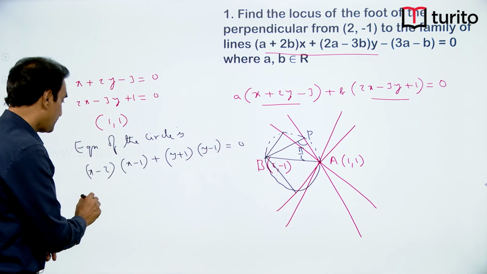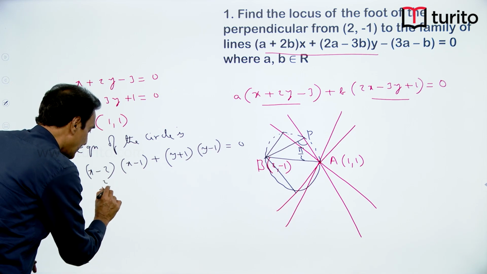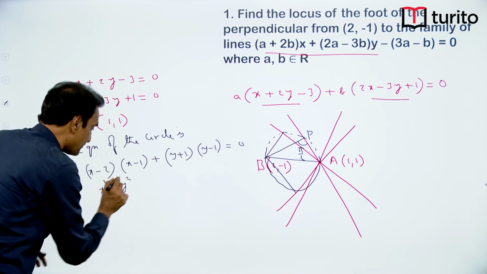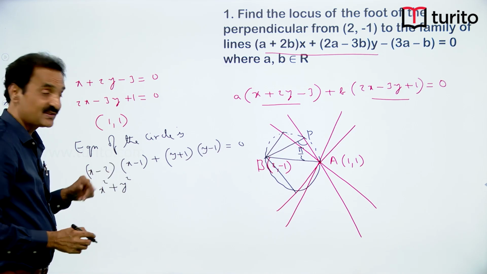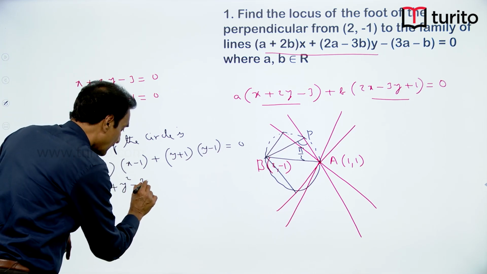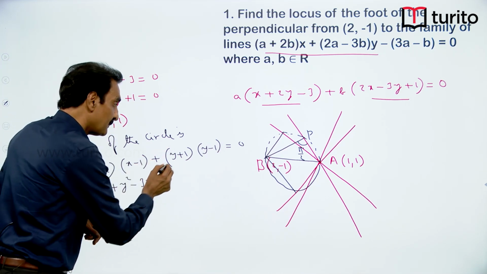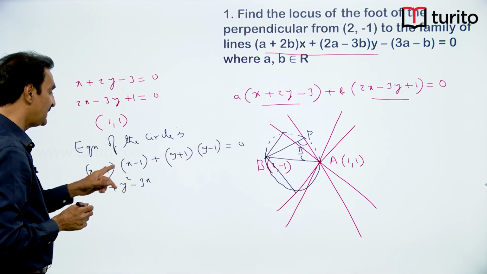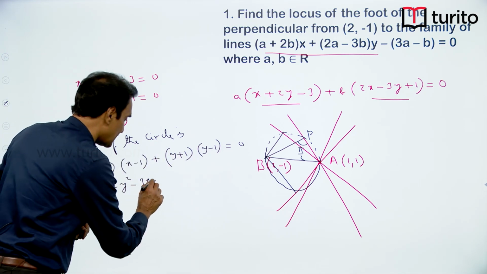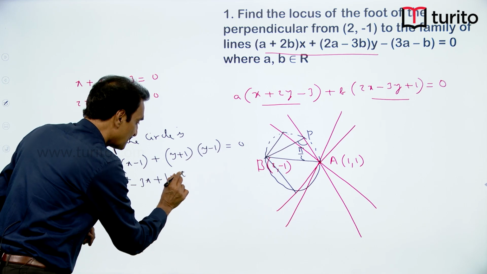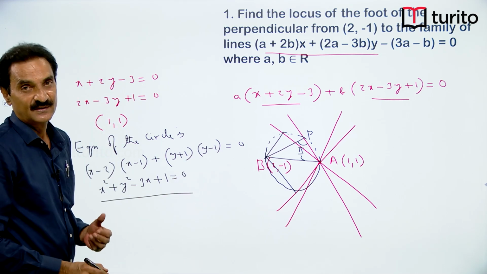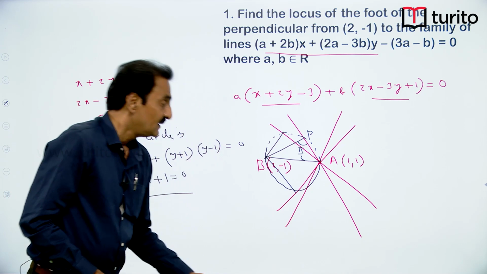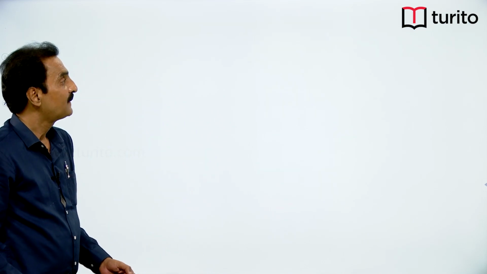If you expand and simplify, you will get x² + y² − 3x, no y term, and the constant term will be 2 − 1, so +1. So, this is our answer. Next question.